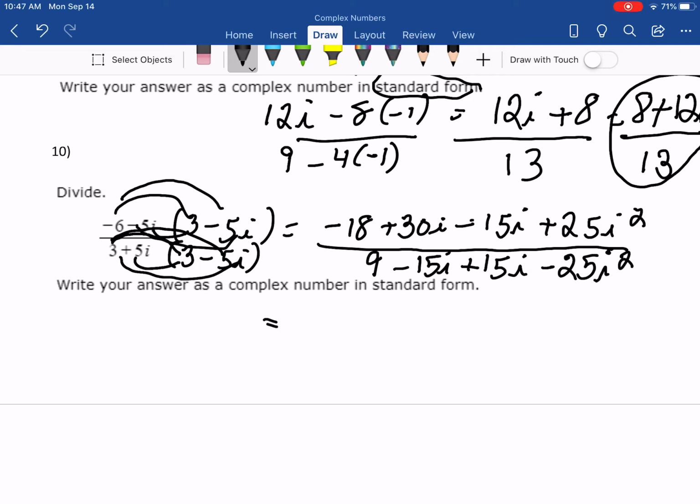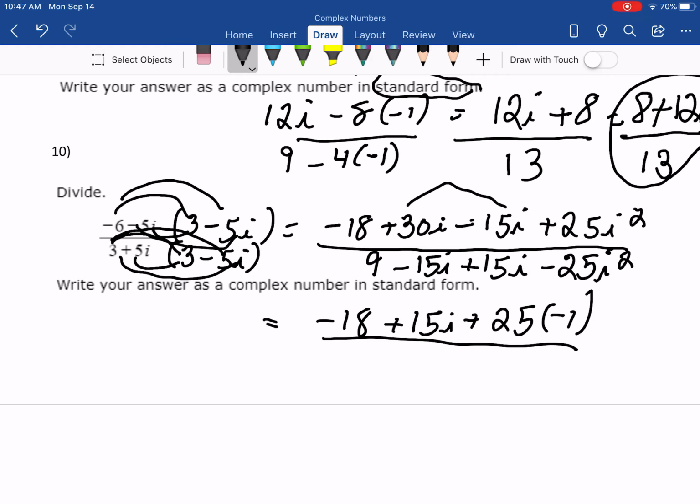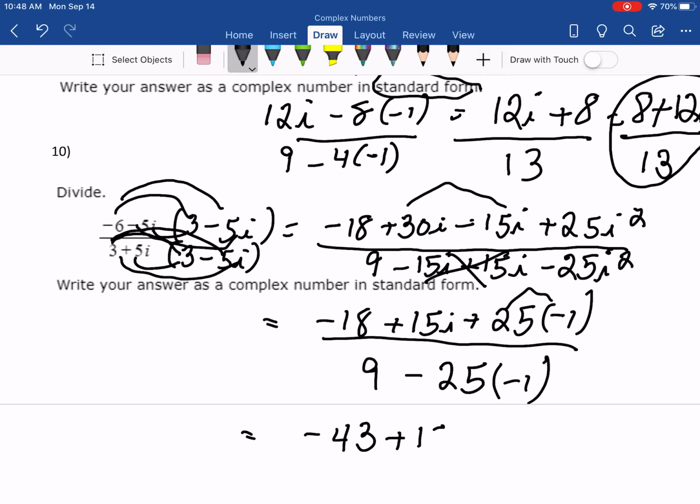In the numerator, we have negative 18, and then these combine to plus 15i, and we can substitute i squared with negative 1. The denominator, the middle terms will cancel, so we have 9 minus 25 and i squared, so we'll put in negative 1. Cleaning up the numerator, negative 18, this will be negative 25, so that's negative 43 plus 15i over 34.